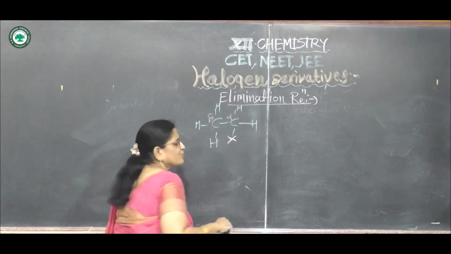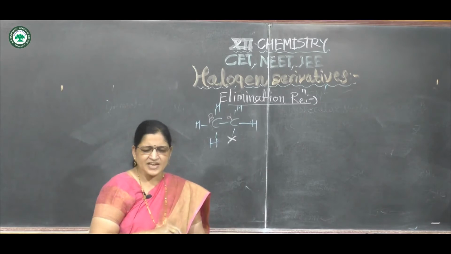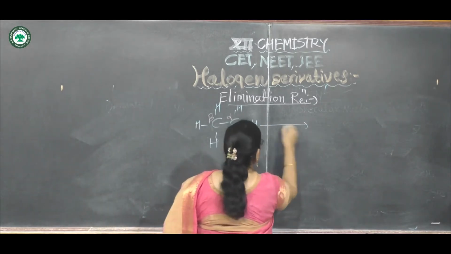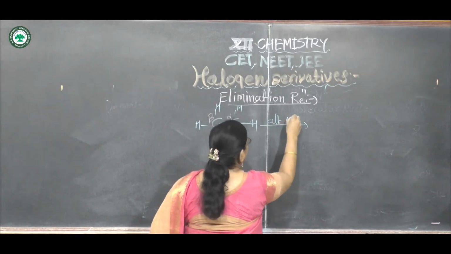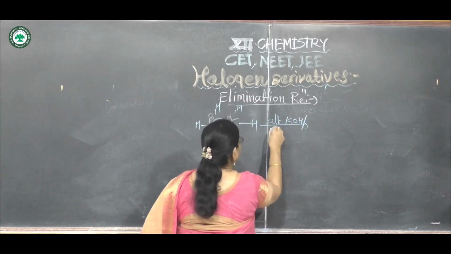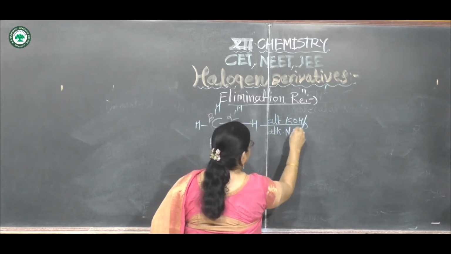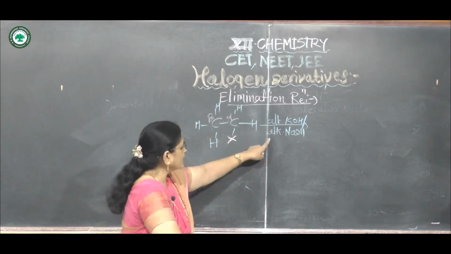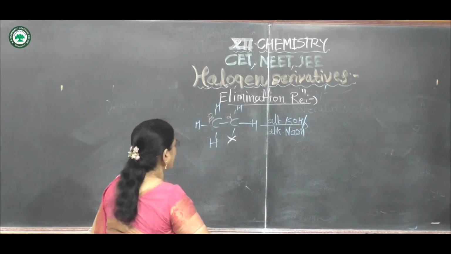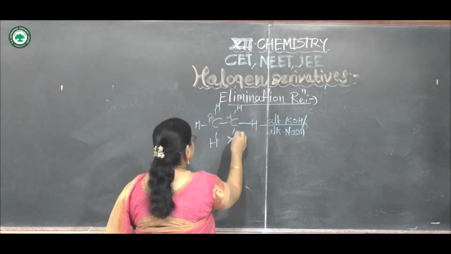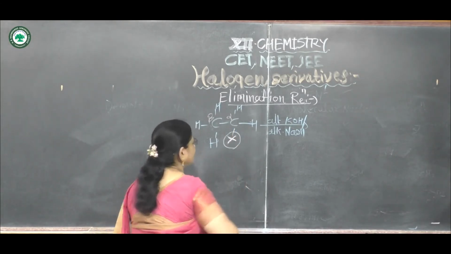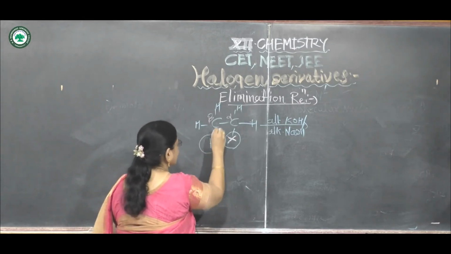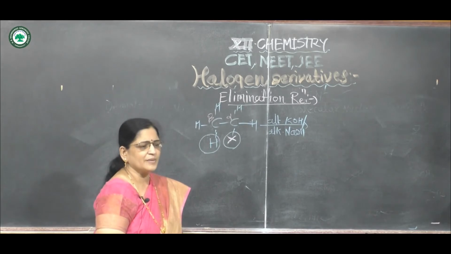If this reacts with alcoholic KOH or alcoholic NaOH, then it eliminates the halogen from the alpha carbon atom and a hydrogen atom from the beta carbon atom.